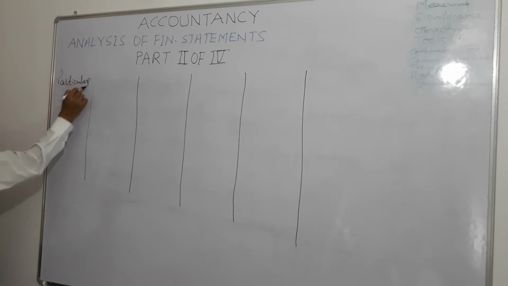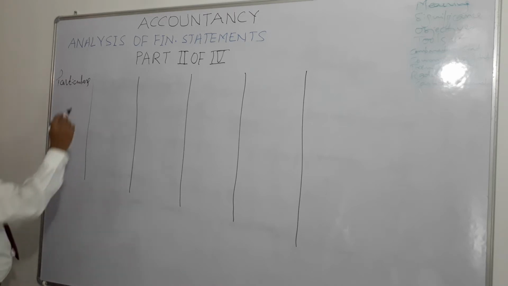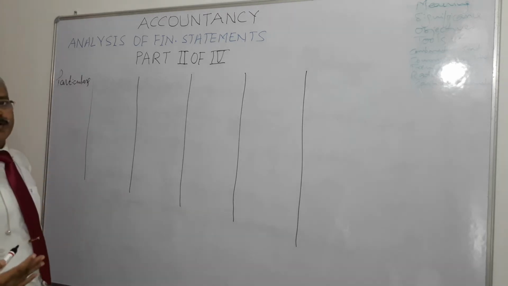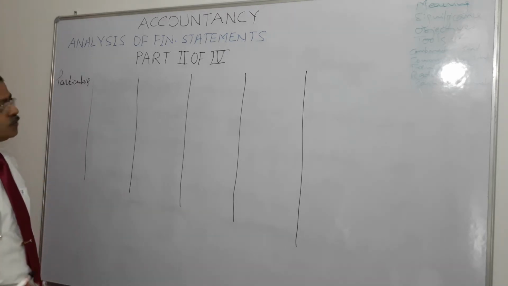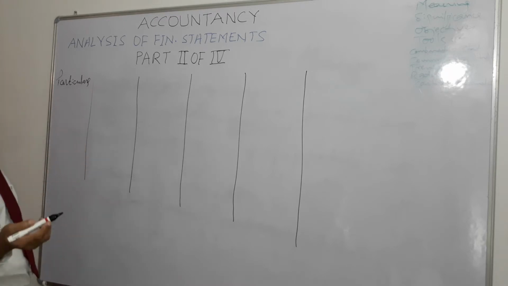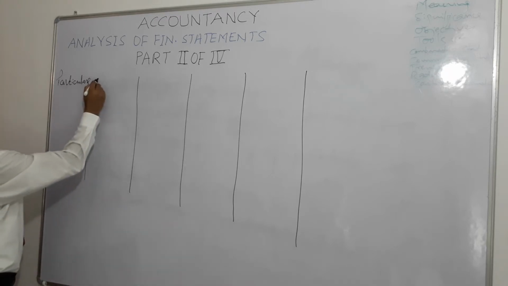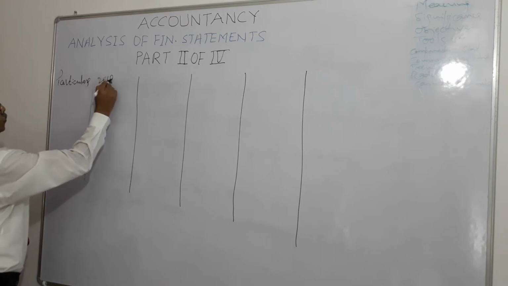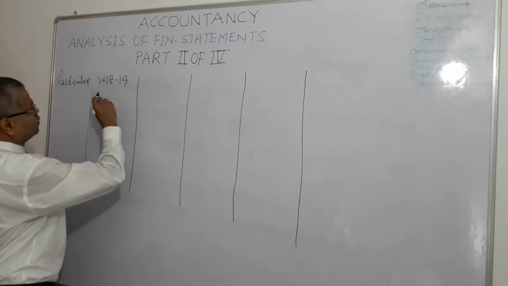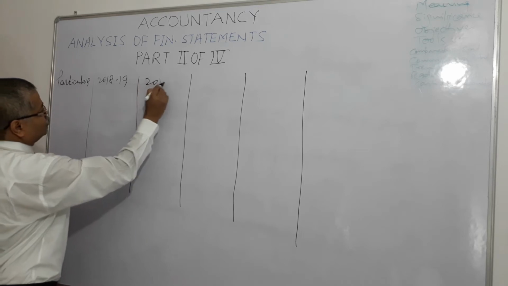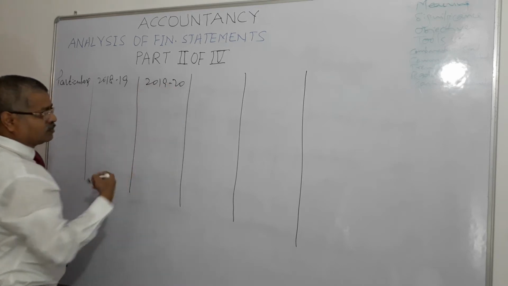What we are talking about, right? Then suppose we are right now in 2021. So we will take 2018-19, 2019-20, right?